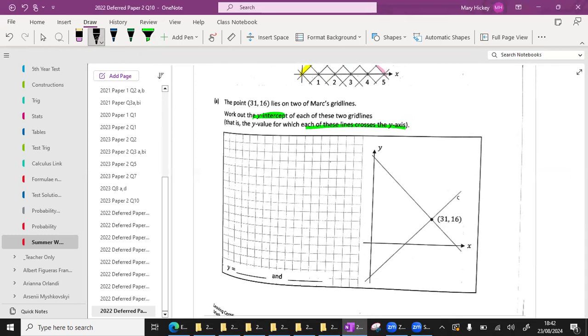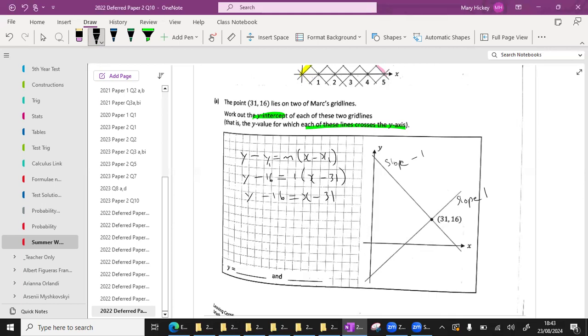Okay, so the upward line is going to have a slope of 1, and the downward line is going to have a slope of -1. So if you were thinking about your equation of a line, you would have y minus y1 equals m times x minus x1, so y minus 16 equals x minus 31.